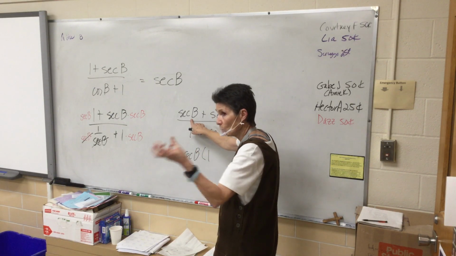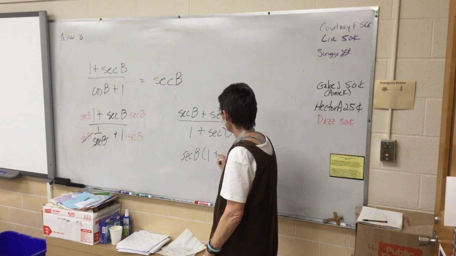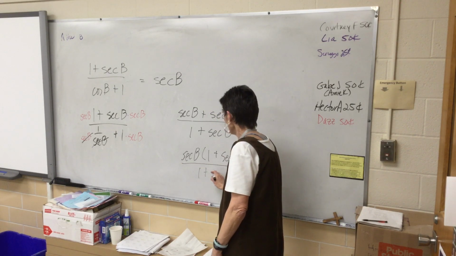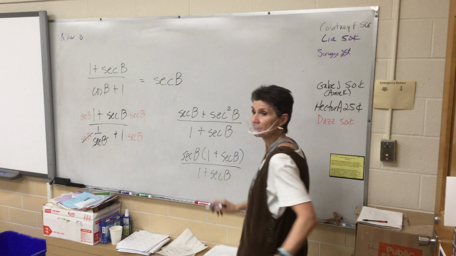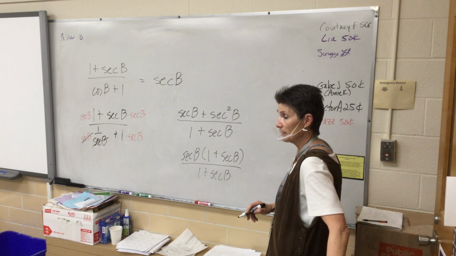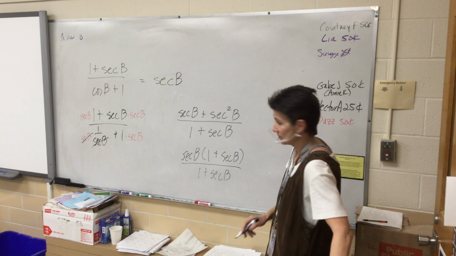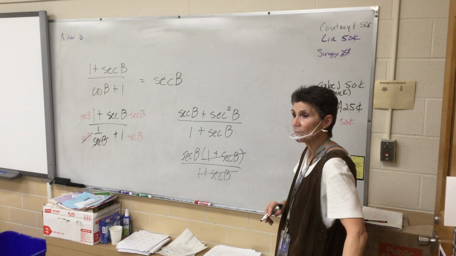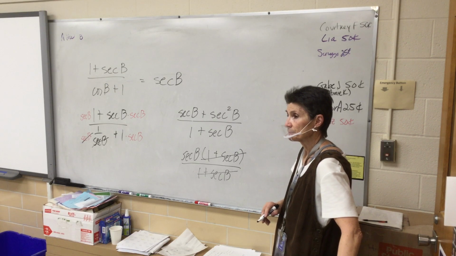Remember, when you take out the whole term, you have to put 1 plus secant. And that's over 1 plus secant. Right? Well, what happens? Cancel the whole shebang, and we are left with secant.